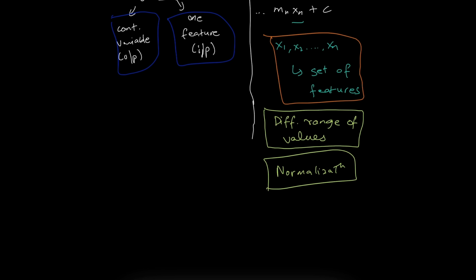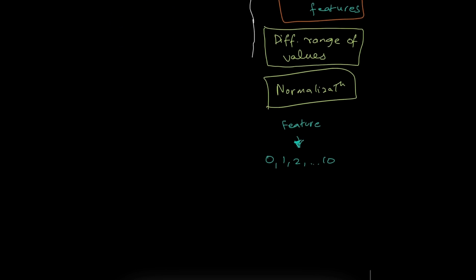And although it sounds fancy, what it means is just, given any feature, you want to convert it to a specified range. So let's say we have different features, and one of the features has values of 1, 2, 3 and goes all the way till 10. Let's say this is for feature 1.